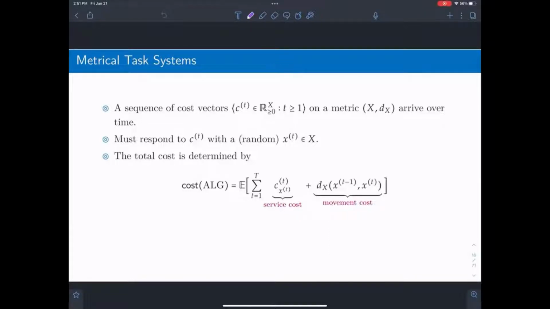The service cost is the entry of this cost vector at the point x_t that we're playing on. And the movement cost would be the distance that we have traveled, as we saw in the earlier example. And the cost of our algorithm would, of course, be the expected value of this quantity.